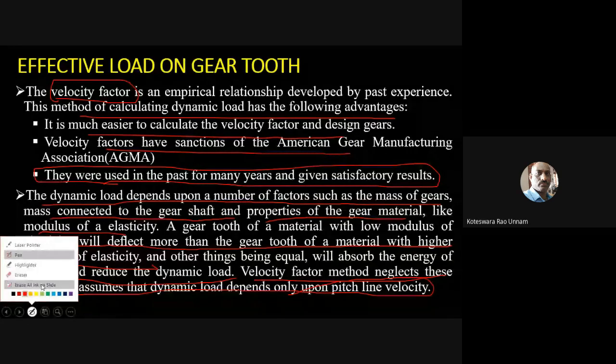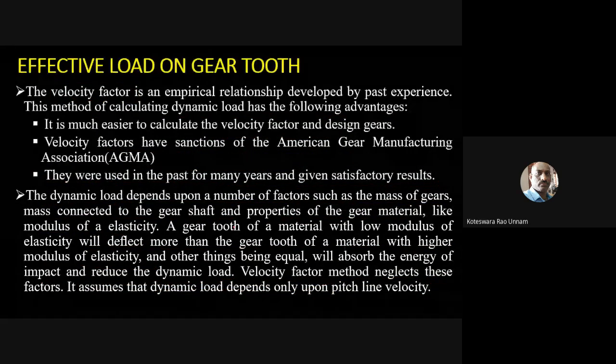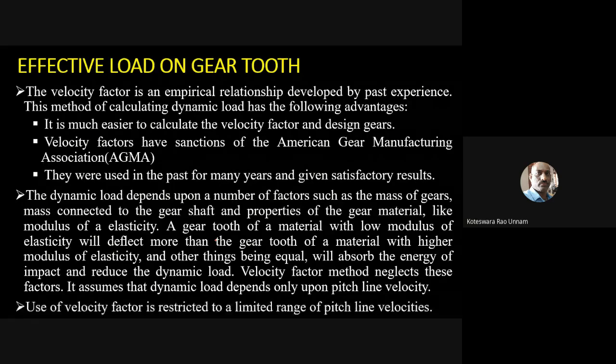It is not considering the resilience of the gear material. It considers only the pitch line velocity, and based on that only, it finds the dynamic load. The use of the velocity factor is restricted to a limited range of pitch line velocities only. Here, less than 10, between 10 and 20, and more than 20. Suppose it is 50, there is no way, so you have to consider the same value.